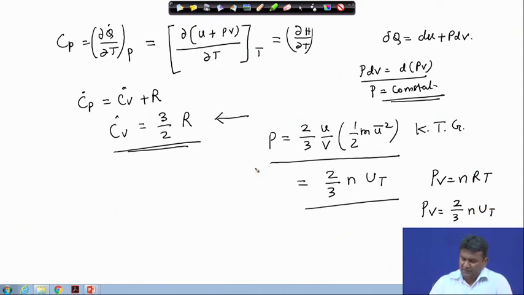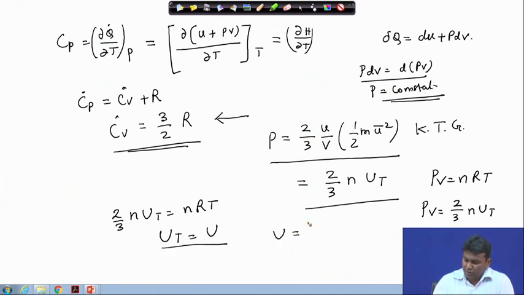Again, every detail will be there, and what we can write is that 2 by 3 NUt is equal to nRT, and therefore, under the assumption that the translational kinetic energy is the total energy of the system, U equals 3 by 2 RT.